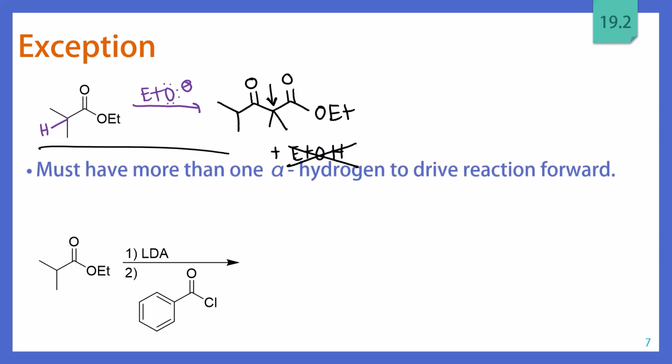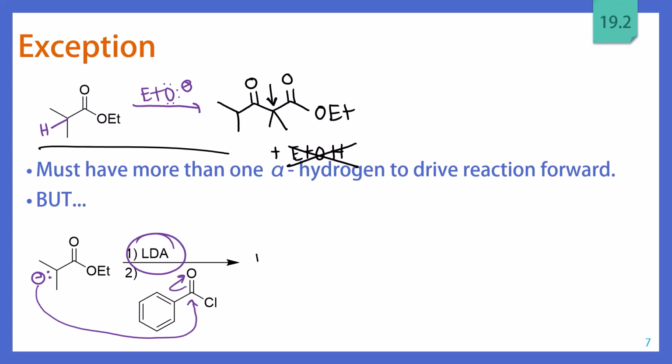But one way that you could make a reaction like this occur would be to use a really strong base, such as LDA. If you introduce LDA to this ester, it is going to turn every single one of these ester molecules into an enolate, which means you could then add in a target molecule, such as benzoyl chloride.